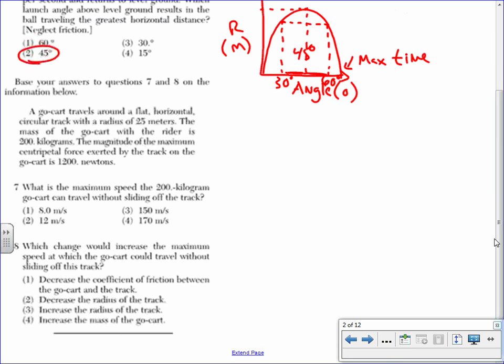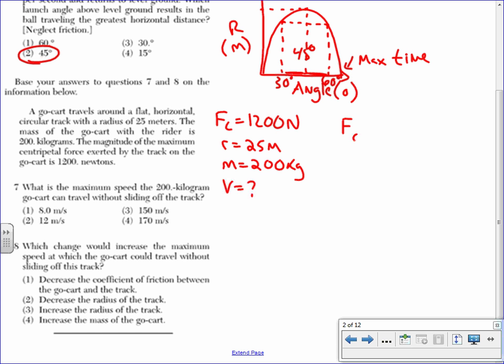Number 7, we have a go-kart traveling around a flat horizontal circular track with a radius of 25 meters. The mass of the go-kart and the rider is 200 kilograms. Okay, the magnitude of the maximum force exerted on the go-kart by the track is 1,200 newtons. So we have a centripetal force of 1,200 newtons. We have a radius of 25 meters, and we have a mass of 200 kilograms. So we're asked to find in number 7 the maximum speed.